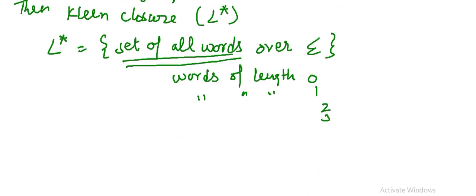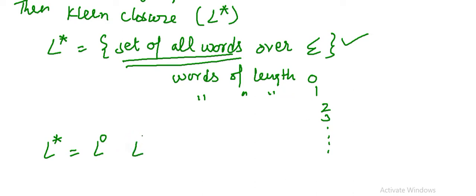If we combine all these words that can be generated of any length from some alphabet, we say that the Kleene closure will be the combination or the set of all this. As it is given in your book also, L0 is denoted as the set of all the strings of length 0.